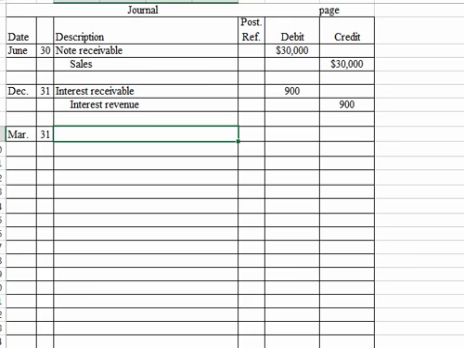Well, we're going to debit cash because on March 31st the customer is going to pay us. Well, let's see if I can get this formula in here correctly. What are they going to pay us?